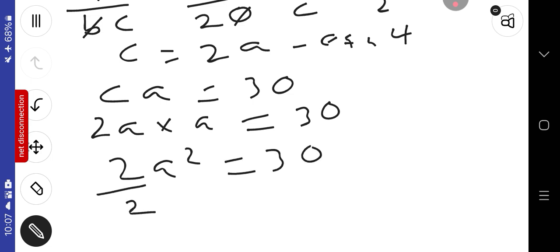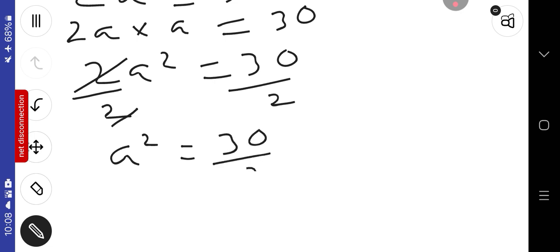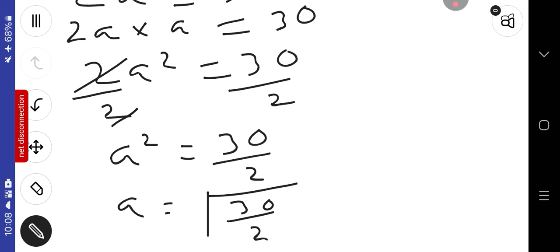Divide here by 2, divide here by 2. So you're going to have A squared is equal to 30 over 2. So here you're going to have A is equal to the square root of 30 over 2.